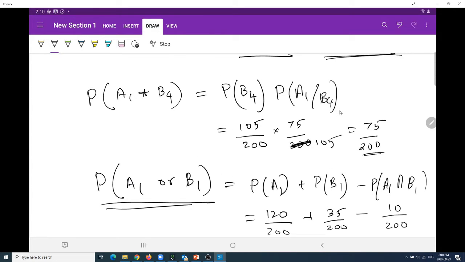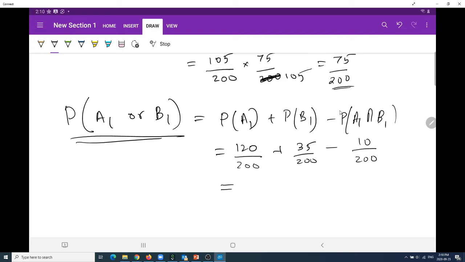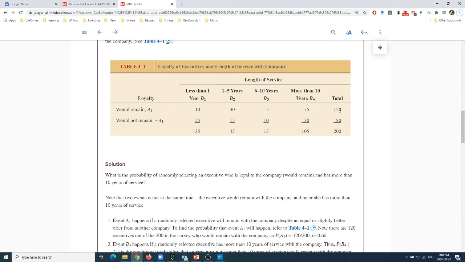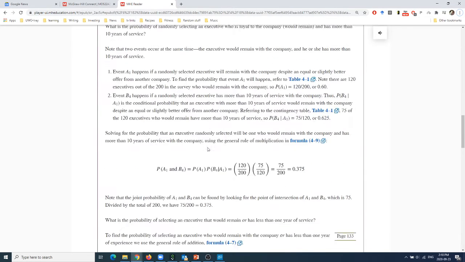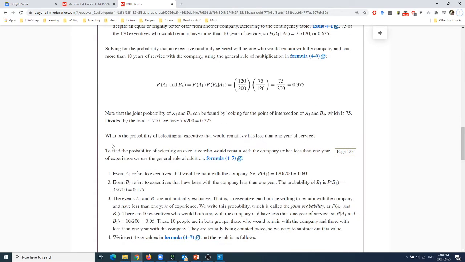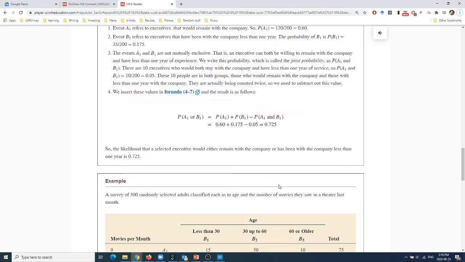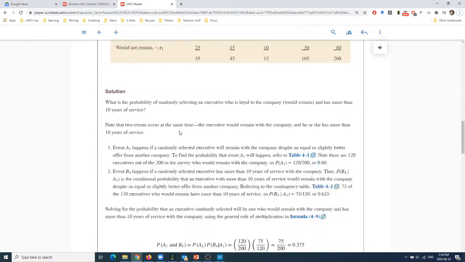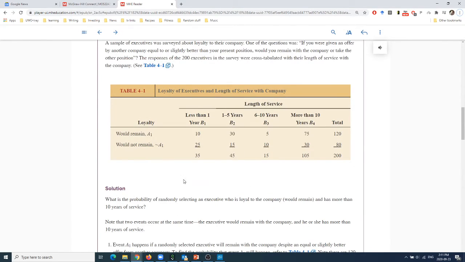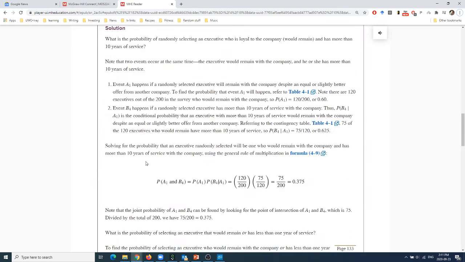Okay, so that's what we have right now, and this would be the probability of A1 or B1 occurring, which is 0.725. And so these are the two ways this contingency table can help with your addition and your multiplication. That's a nice way to solve problems.